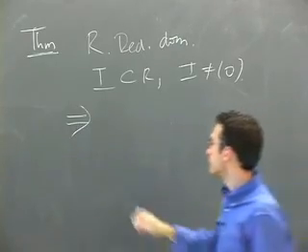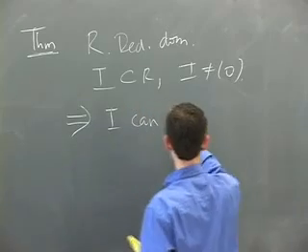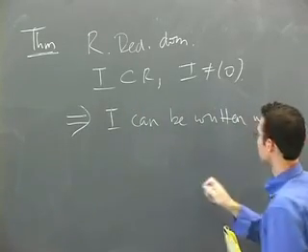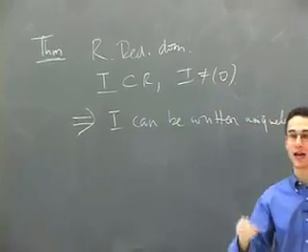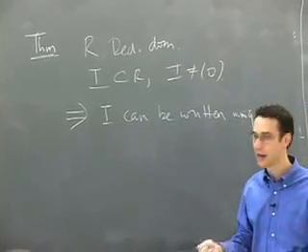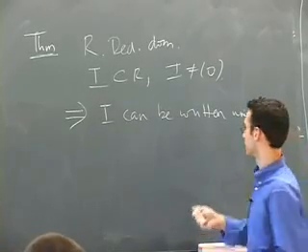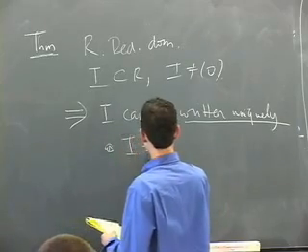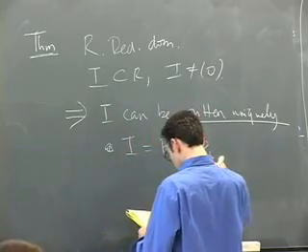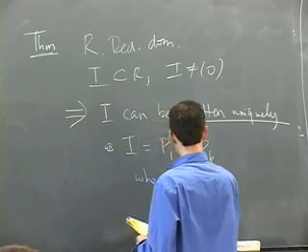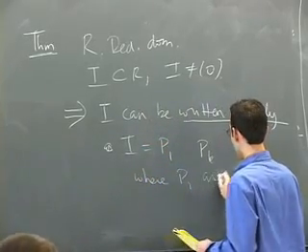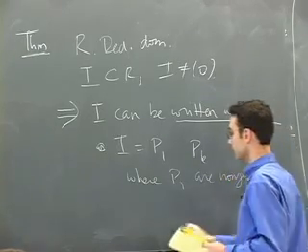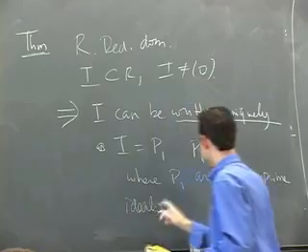So the theorem is that I can be written uniquely. So there's some unique way of writing an ideal. You can't necessarily write elements in some nice, unique way, but at least you can get at the ideals in a nice way. So I can be written uniquely as I equals P1 through PK, where the Pi are non-zero prime ideals.